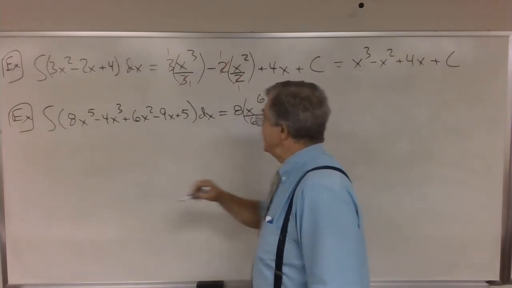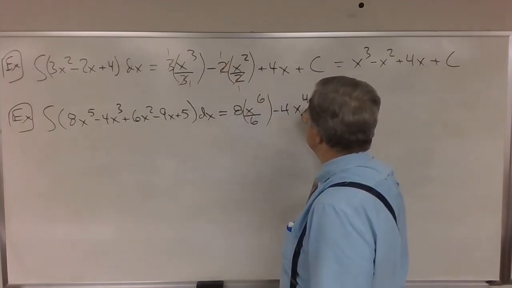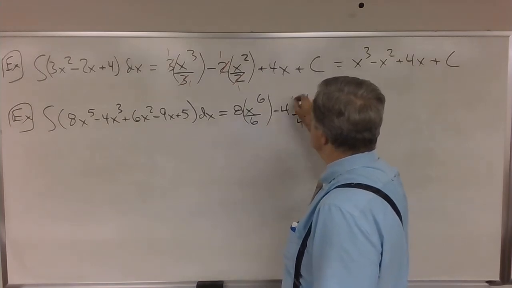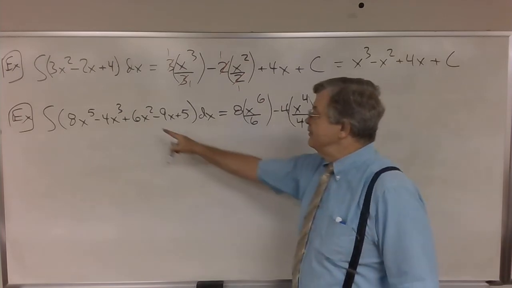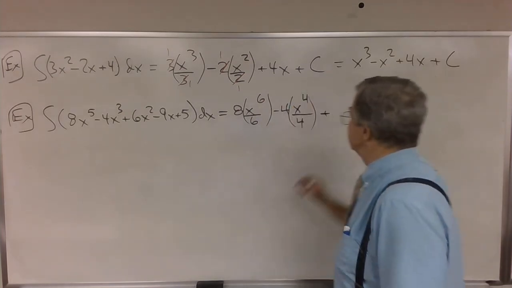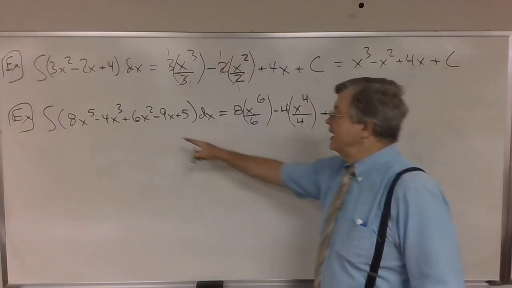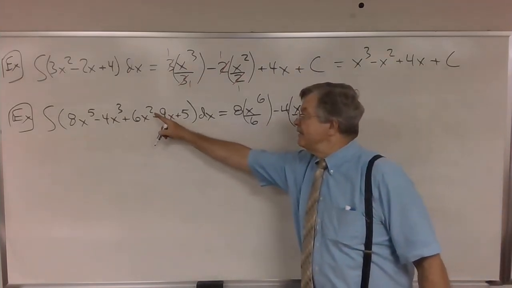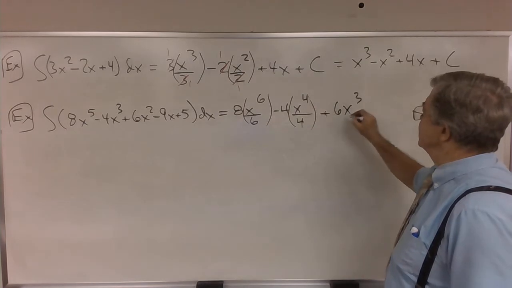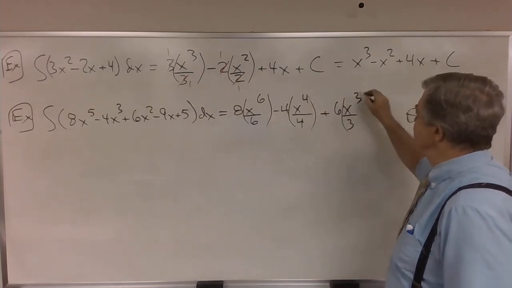We add 1 to the exponent and divide by the new exponent. Move to the next term, write the constant down. X, add 1 to the exponent, x cubed, divide by the new exponent.